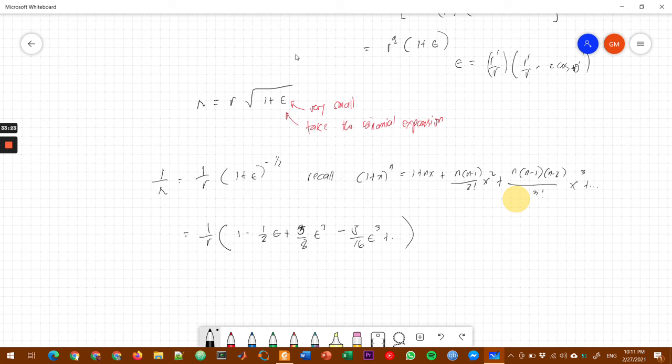This comes from the binomial expansion formula, where x is epsilon and n is negative 1/2.